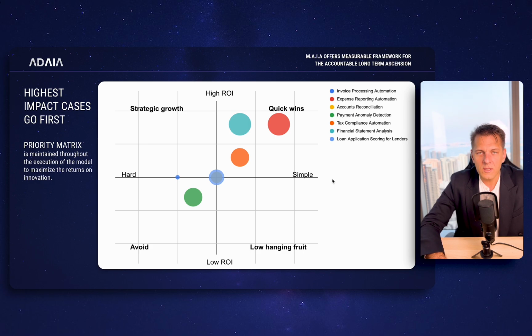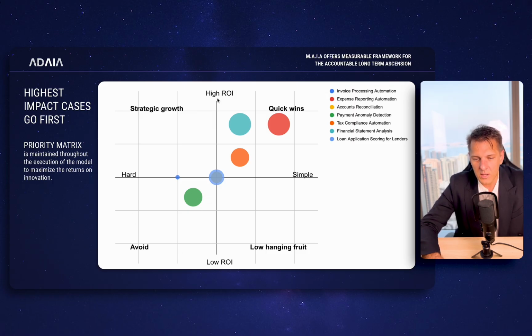And then within this framework, what we tend to do, and I highly encourage you to do the same, I'll include the template of the spreadsheet that we use for this ranking, is you can rank the AI use cases per different criteria, and so very quickly see what are the quick wins for your company, what are the use cases for the strategic growth, what are the use cases that seem like the lowest hanging fruit, and what are the ones that you should avoid by all means.